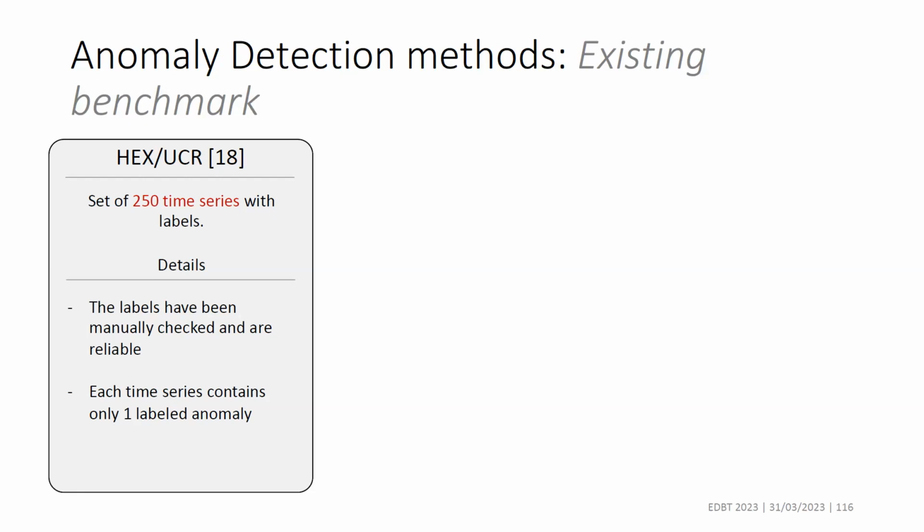This benchmark is composed of 250 time series. These time series are univariate. The labels have been manually checked. A good thing with this benchmark is that they checked each label, so they are reliable. But each time series contains only 1 labeled anomaly. So this is the first benchmark that has been proposed.